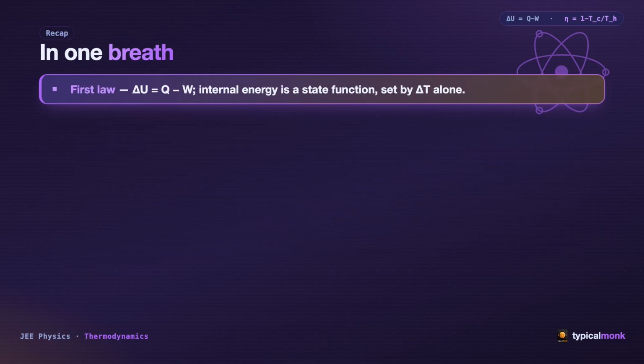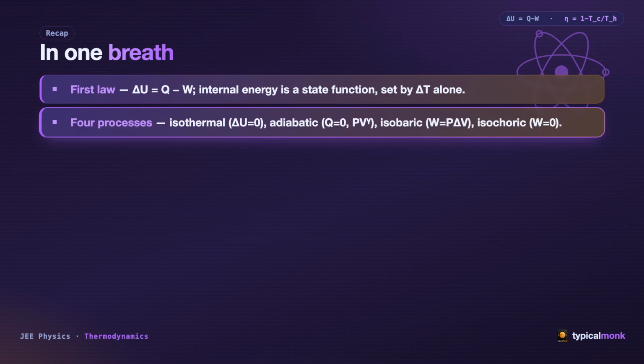Let us gather it all in one breath. The first law, delta U equals Q minus W. Internal energy is a state function set by the change in temperature alone. The 4 processes: isothermal, where delta U is 0; adiabatic, where Q is 0 and PV to the power gamma is constant; isobaric, where the work is P delta V; and isochoric, where the work is 0.